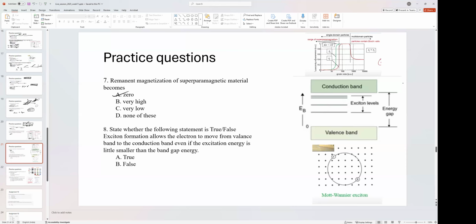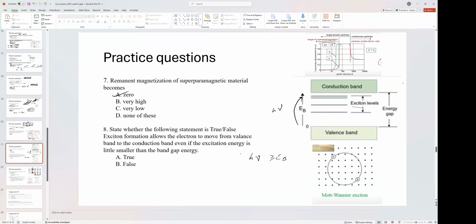State whether the following statement is true or false. Exciton formation allows the electron to move from valence to conduction band even if the excitation energy is a little smaller than the band gap. This is true. This is the energy you require if you didn't have exciton levels. So h nu has to be greater than or equal to the band gap E_g.